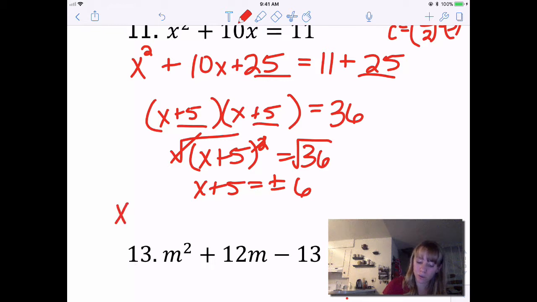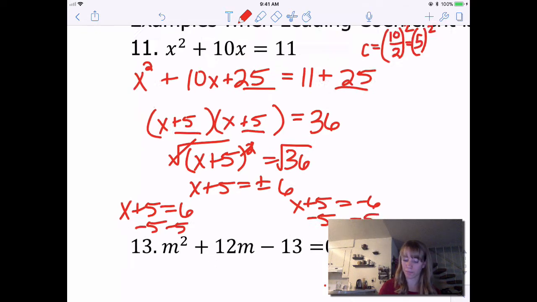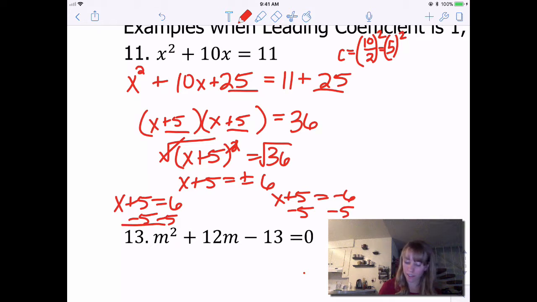And then I can write two equations: x plus 5 is equal to 6, and x plus 5 is equal to negative 6, because that's what that plus or minus means. Subtract 5 from both sides, and your final answers are x equals 1 and x equals negative 11.